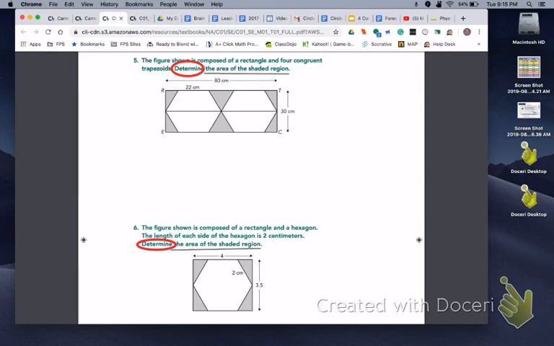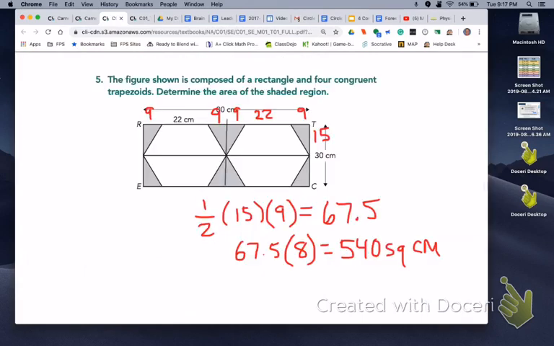Please turn to page 35 and answer number 5 and number 6 with your group. For number 5, there are 8 triangles that each have an area of 67.5 square centimeters. So the total area of the shaded region is 540 square centimeters.